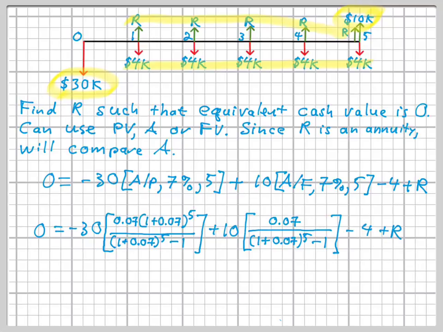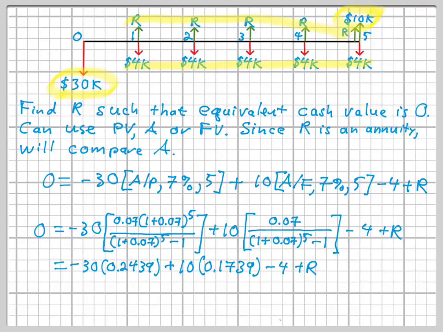And I need to subtract $4,000 a year and add in my yearly rental. So I'm just going to solve for R now. I'm expanding out my equivalence factors. So it's going to give me 30 times 0.2439 plus 10 times 0.1739 minus 4 plus R.